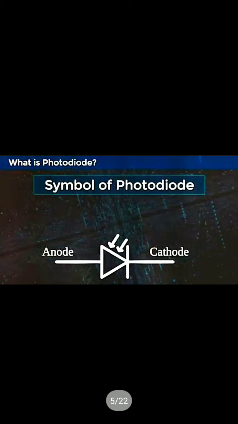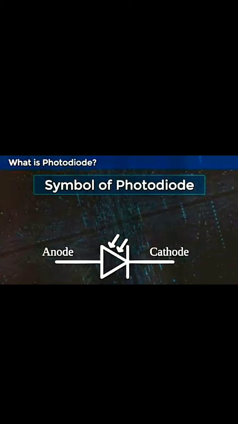This is the symbol of the photodiode. In the case of an LED, we use the arrow marks in the outward direction because the light is emitted from the diode. Electrical energy is converted into light energy, but here light energy is converted to electrical energy. So light falls on the PN junction diode and generates electric current.